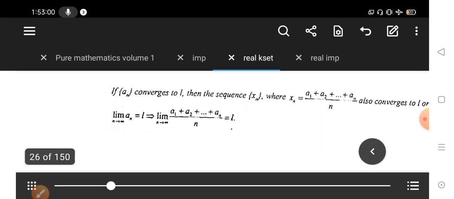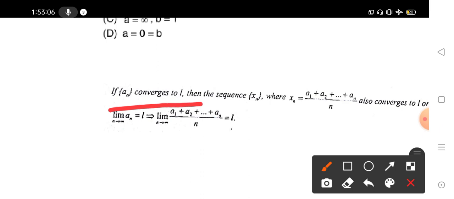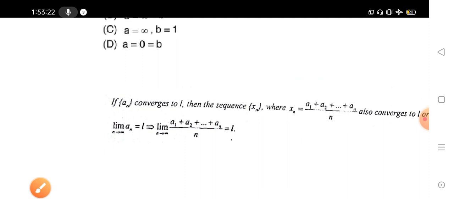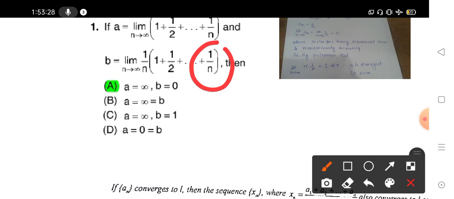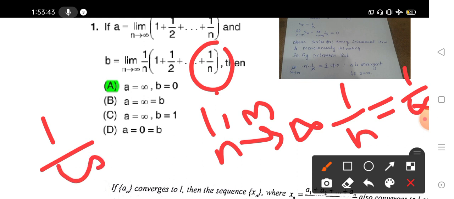One result: if an converges to L, then the sequence (a1 plus a2 plus dot dot dot plus an) upon n also converges to L. Or limit n tending to infinity of an equals L, then finally we get this is also L. Now check for B. Here an is 1 upon n, and limit n tending to infinity of 1 upon n, as n tending to infinity, will be 1 upon infinity equals 0.